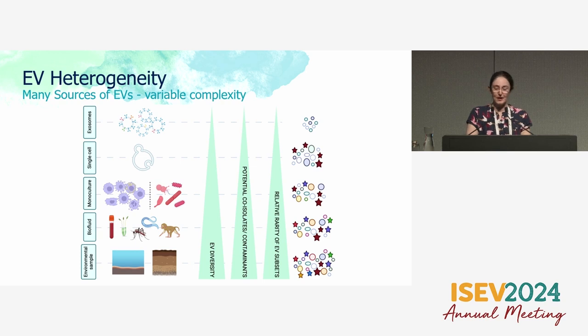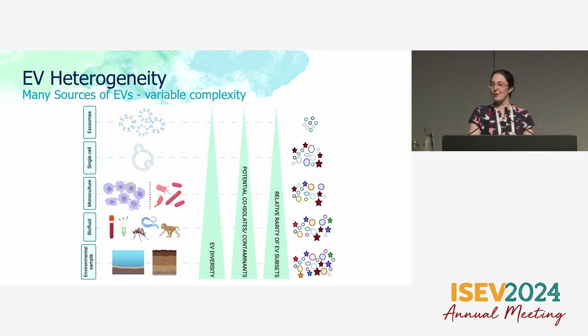I think it would be really interesting to start fishing, literally, in seawater and river water, in environmental samples, soil samples, where the diversity of the organisms that have donated to those released EVs, but also those contaminants, gives much more increased heterogeneity in the EV populations.